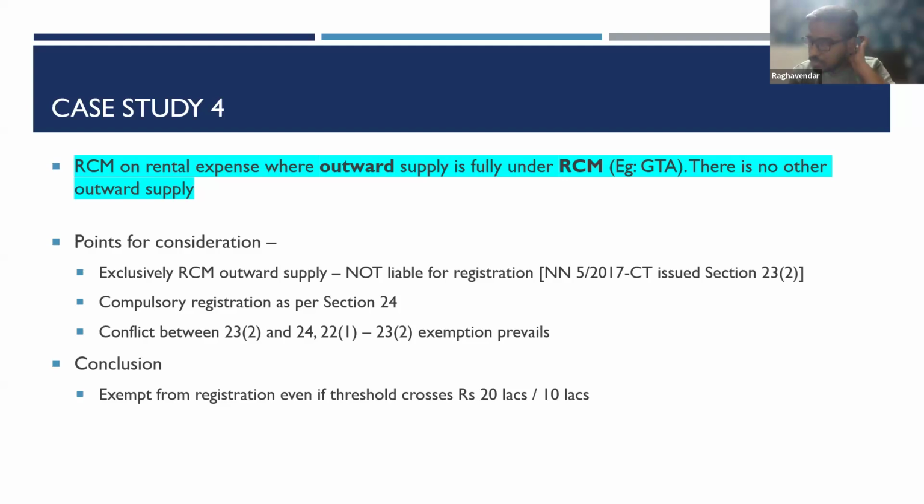Whenever there is a conflict between 23(2) and 24, 23(2) specifically overrides 21, 22(1) and 24. So the 23(2) exemption will prevail. So there is no requirement for registration, even if the threshold is crossed, is my understanding.